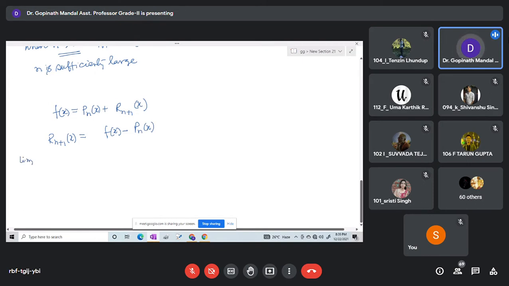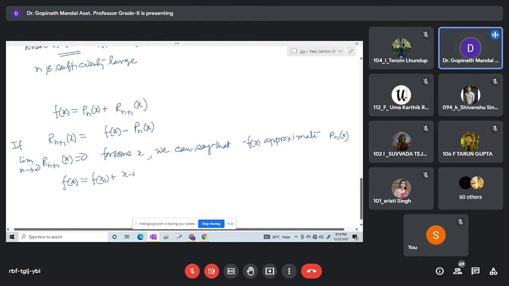So if the limit as n tends to infinity of Rn plus 1 x equals 0 for some x, we can say fx is approximately Pnx, and in that case fx can be written as f(x0) plus (x minus x0) f'(x0) plus (x minus x0) squared f''(x0) and so on.